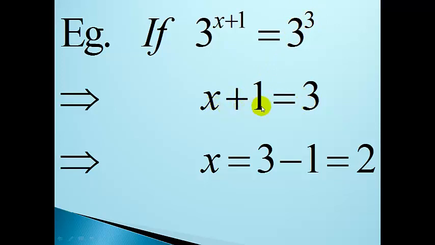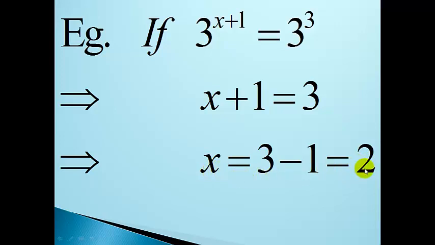So, if x plus 1 is equal to 3, how do we make x the subject? Making x the subject means that x must stand alone, and therefore plus 1 on the left hand side becomes minus 1 on the right hand side. So x is equal to 3 minus 1, and 3 minus 1 is equal to 2. This means that the value of x, for which 3 exponent x plus 1 equals 3 exponent 3, is equal to 2.